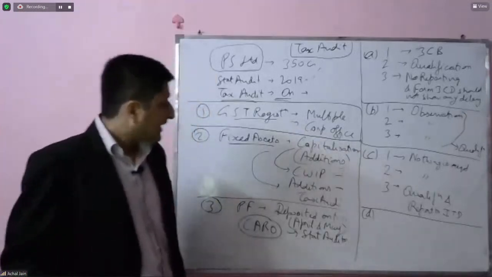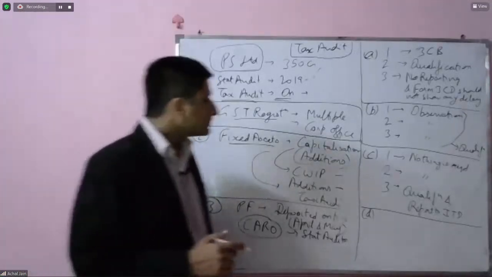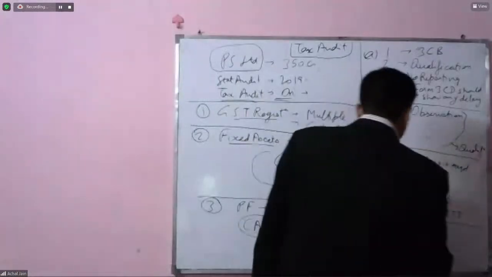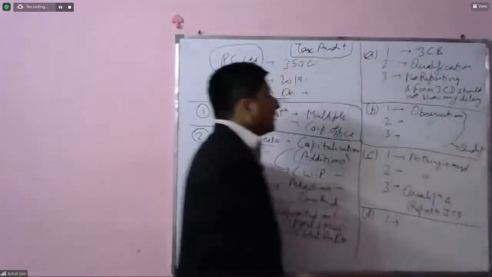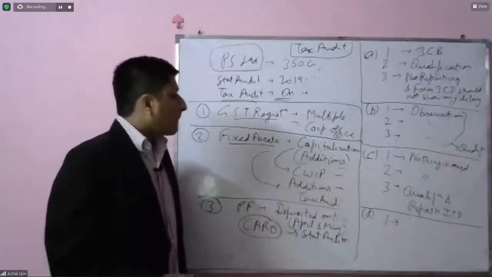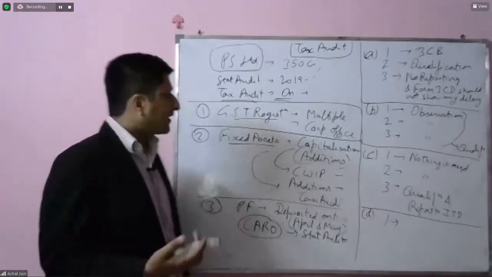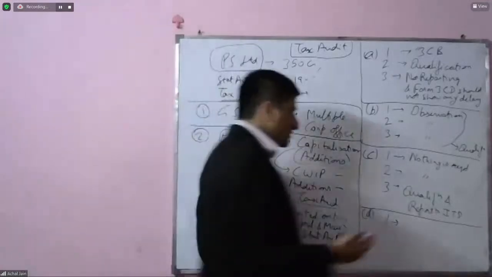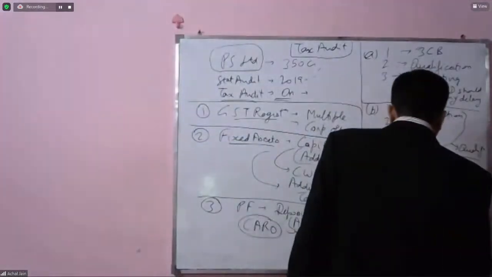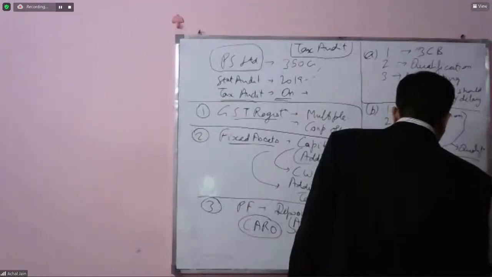Point number D. In point number D, for the first thing, I think once again the same sort of stand can be taken. Something similar to what was done in point number C, that nothing is required.